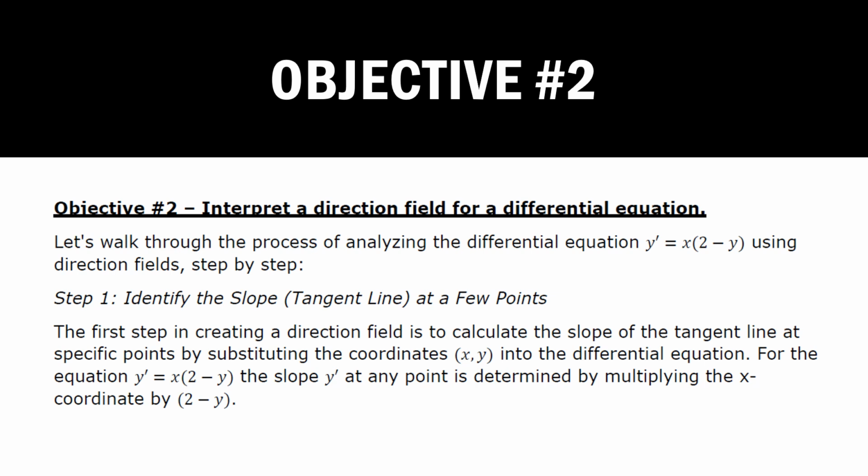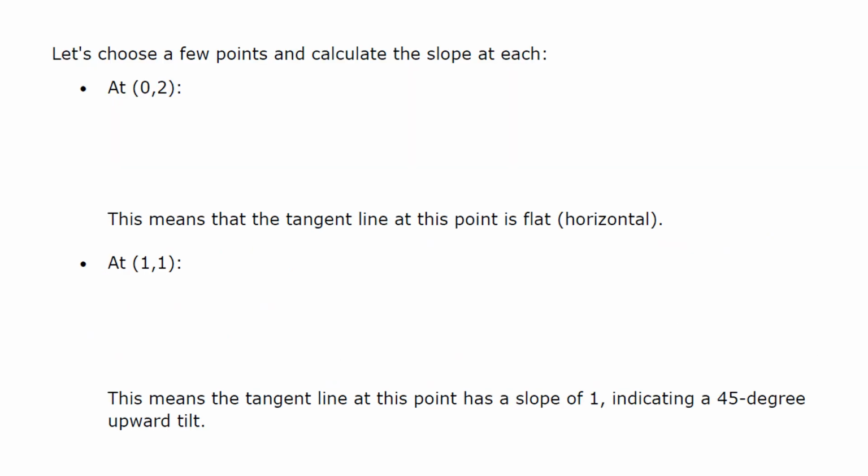For the equation y prime equals x times (2 minus y), the slope y prime at any point is determined by multiplying the x coordinate by (2 minus y). Let's choose a few points and calculate the slope at each. Let's start off with the point (0, 2).